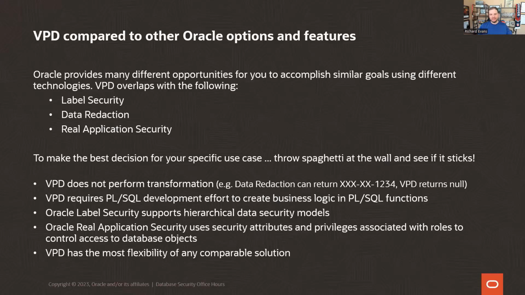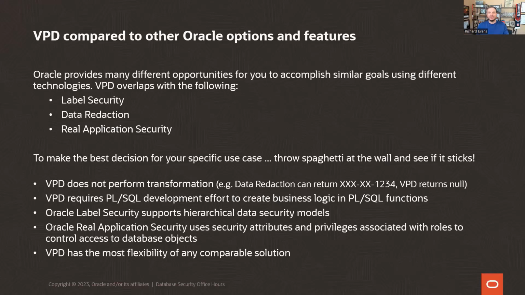Business decisions based on context primarily, right? Real Application Security, we call next generation VPD. It doesn't mean VPD is going away. Virtual Private Database is around for the foreseeable future. It's such a rock solid technology that's used by so many customers that I don't see it going away anytime soon.